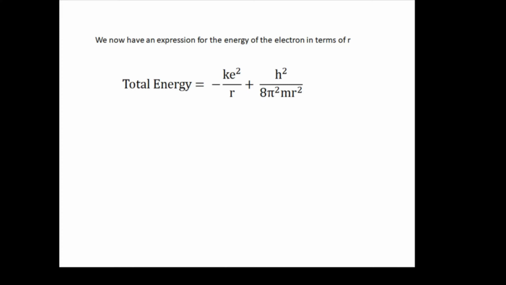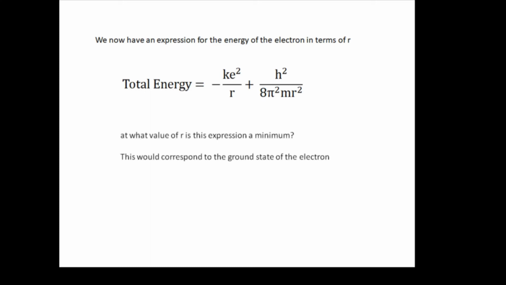If you're a good A-level mathematician, you'll have done maxima and minima. You'll know that if we differentiate that and put it equal to 0, that will tell us the minimum energy in terms of the radius. This would correspond to the ground state.